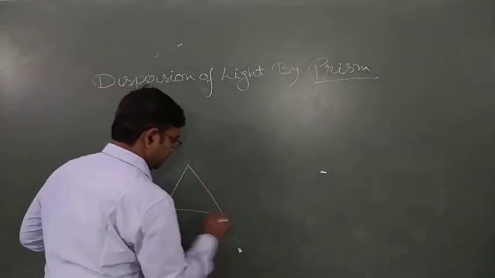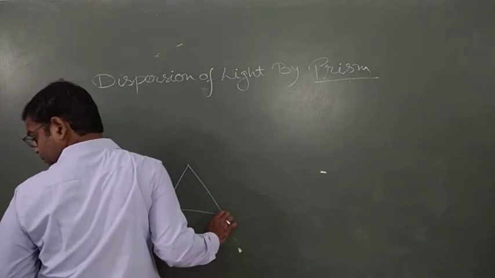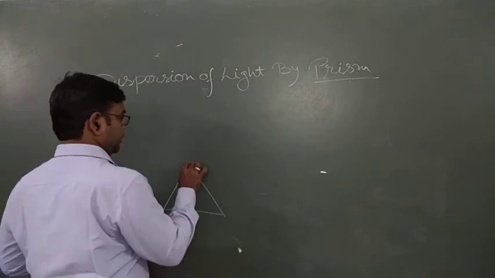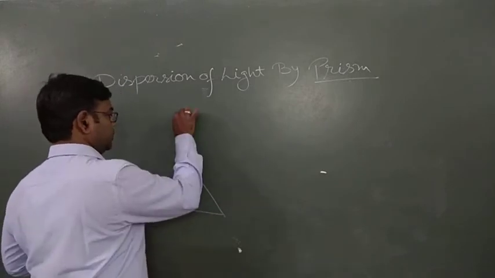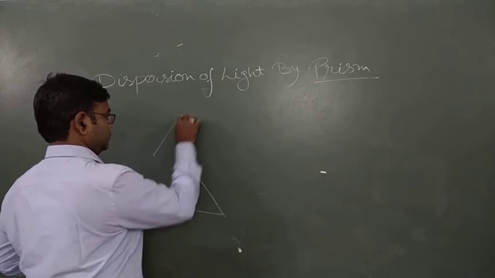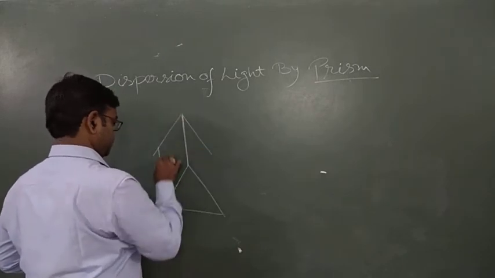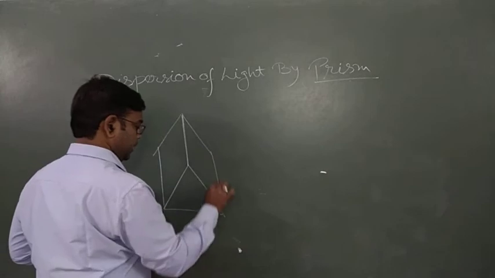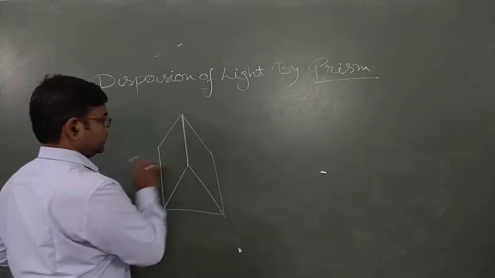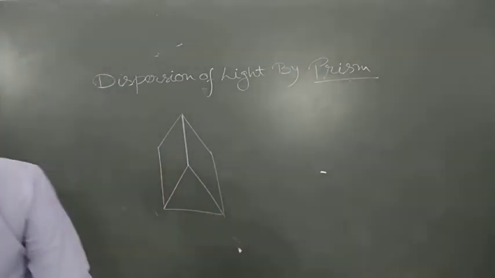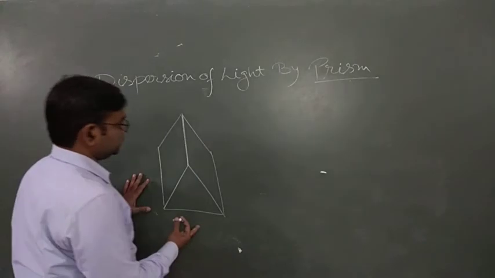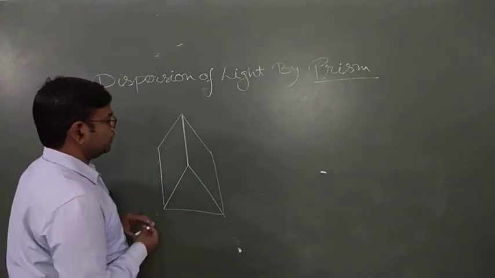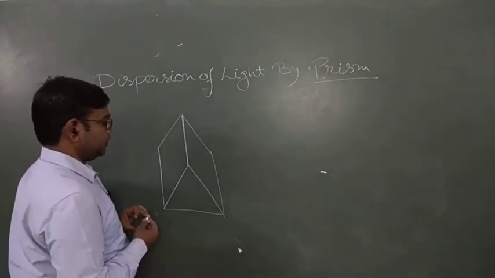Clear? And we give some height to this triangular part. So this is a two-dimension figure of prism.